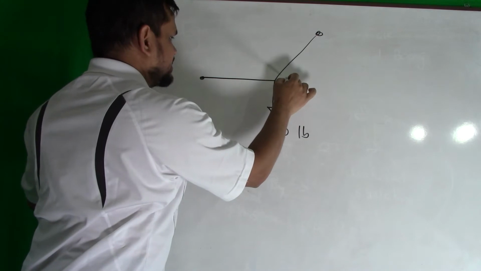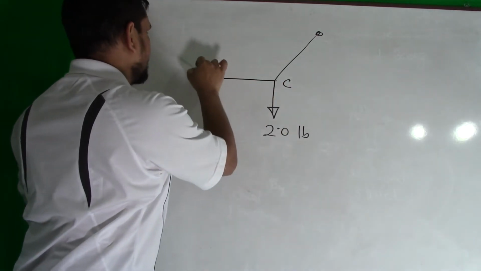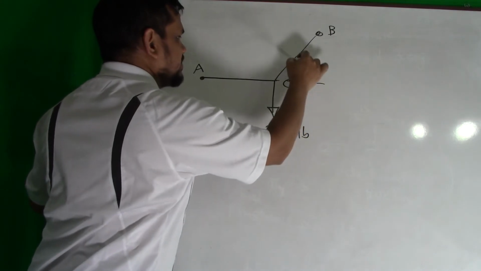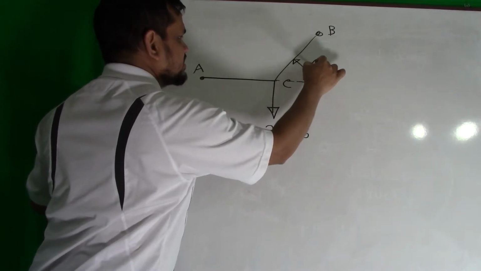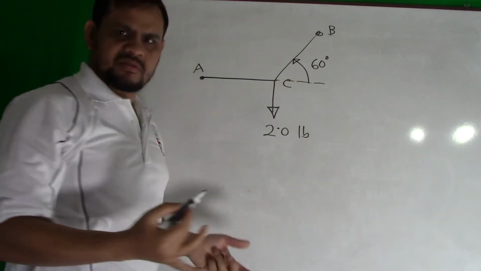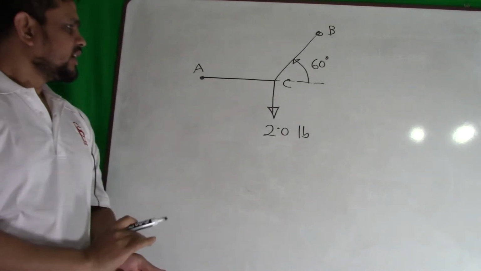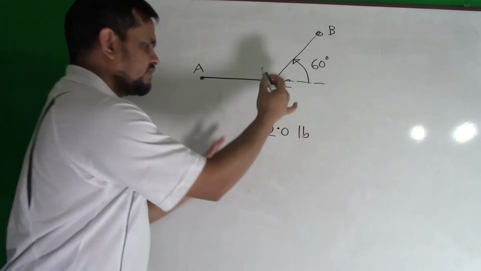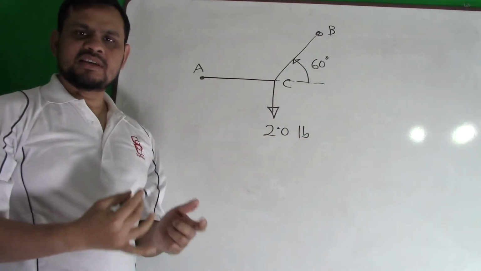Say this is C, this is A, this is B. And assume that this angle is 60 degrees. I do not know, I just assumed a value. In this configuration, my pumpkin is in equilibrium.